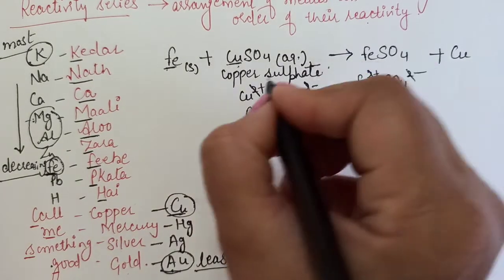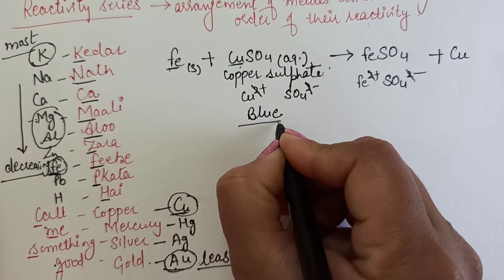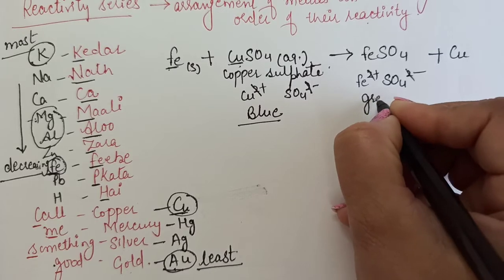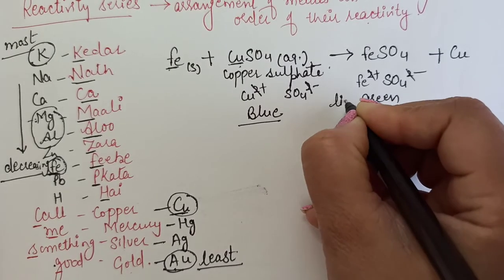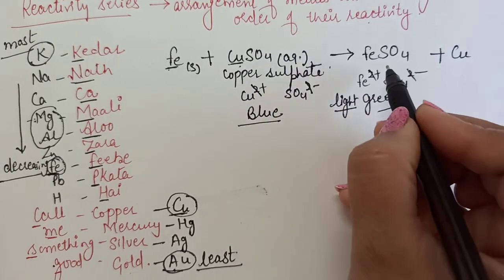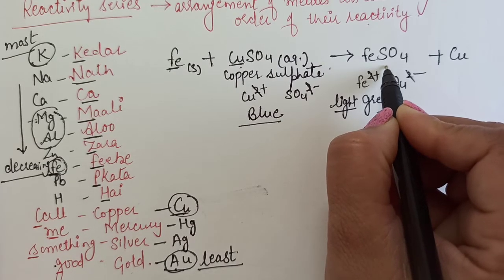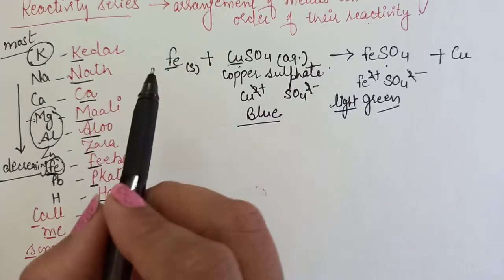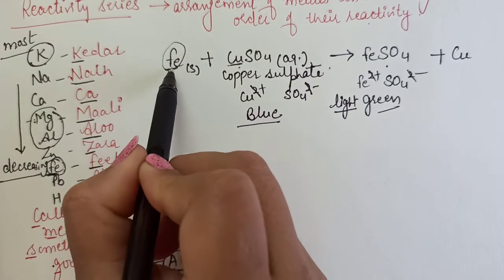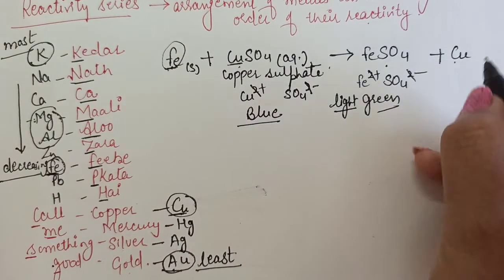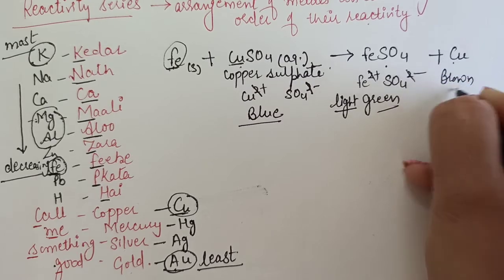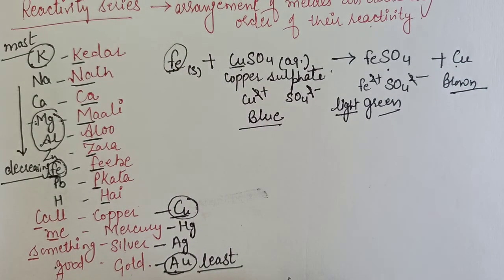In this way, the blue color of the copper sulfate fades and it becomes light green, as the color of the crystals of ferrous sulfate is light green. So the solution also becomes light green. And on the iron nail we will observe the coating of copper, that is a brown coating on iron.